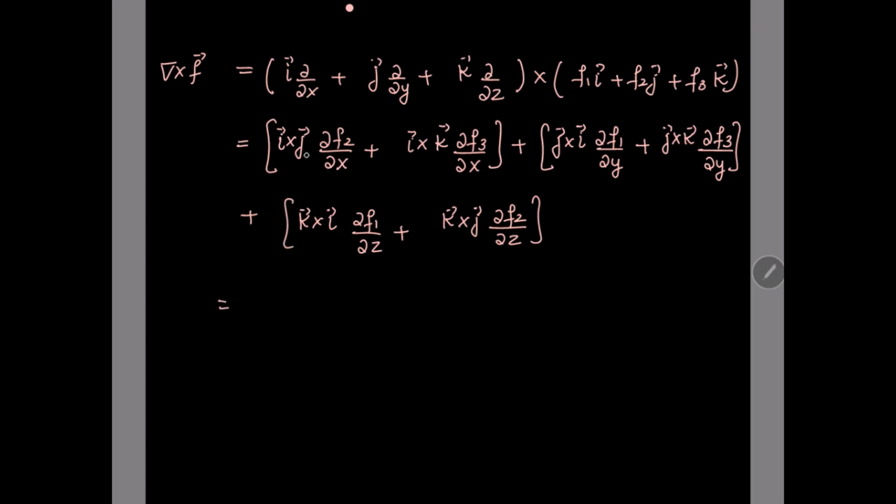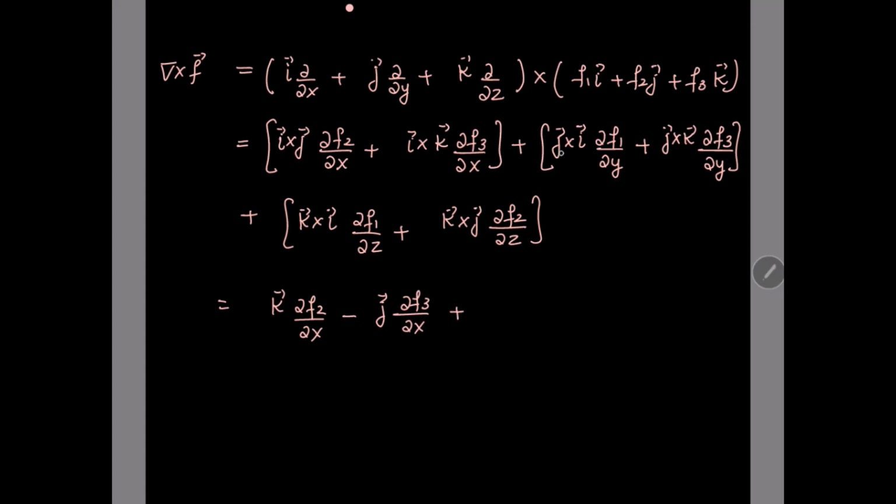Okay, i cross j is k. So this is k ∂f2/∂x. i cross k is, now this is the opposite, so this is minus j ∂f3/∂x.